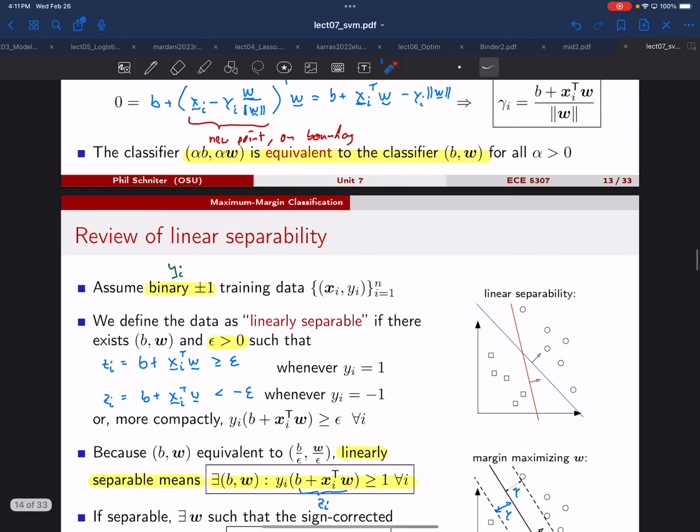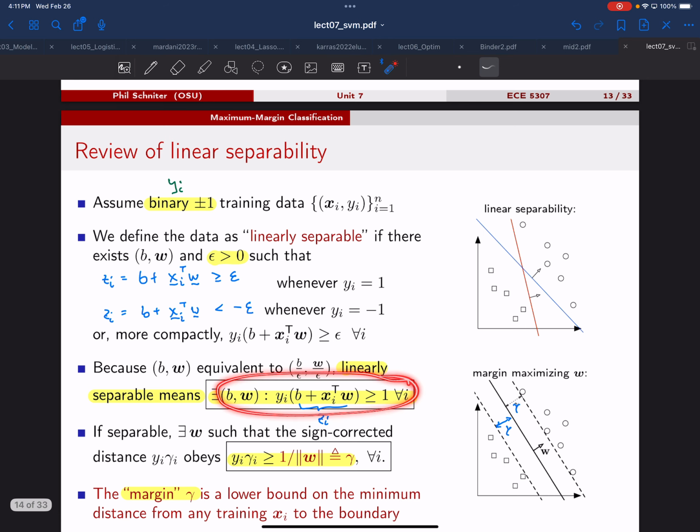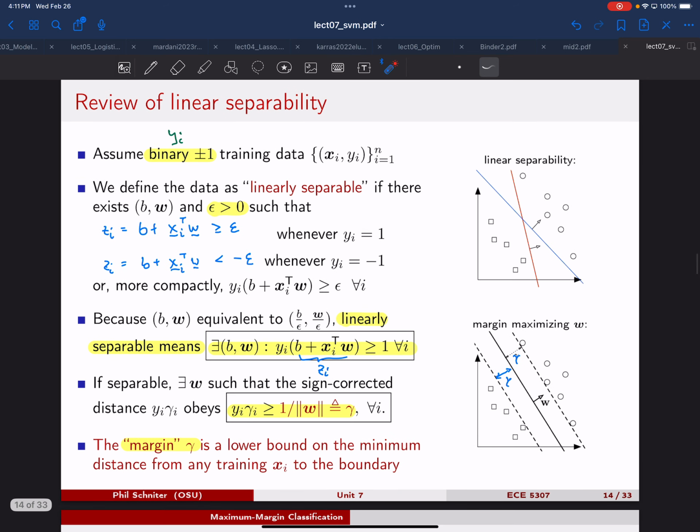And then we put this definition together with linear separability to say that basically for some b and w that satisfies this, we know that the following holds, that the sign-corrected signed distances are all lower bounded by 1 over the norm of w, which is an important quantity, so we give it a name, gamma, and we call it the margin.